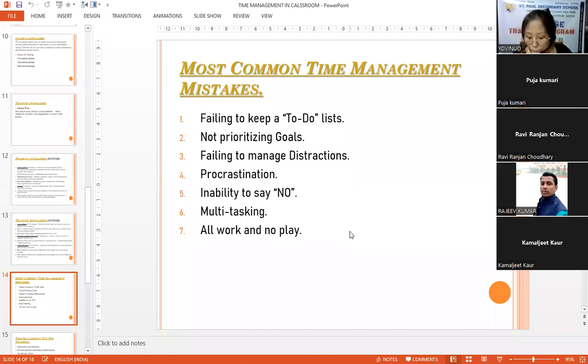Mistake number 2, too many items on your list. Too many items on your list are found to make you feel intimidated and more stressed, because a bigger number of problems to be solved makes our brain think of them as never-ending stories.